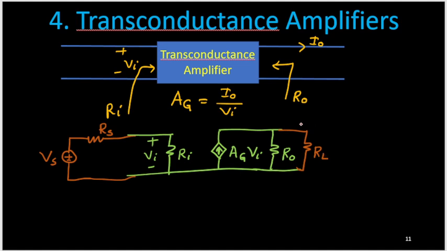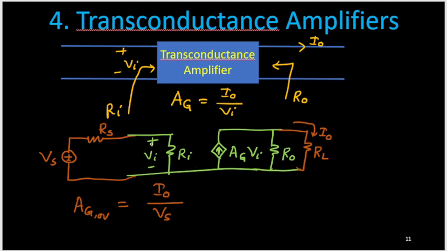This is the actual current through RL, which I'll call I naught, and this is your input voltage. So the overall transconductance gain Ag will be this actual output current through the load RL upon the supply voltage source Vs. In a very similar manner you can find the expression for this.